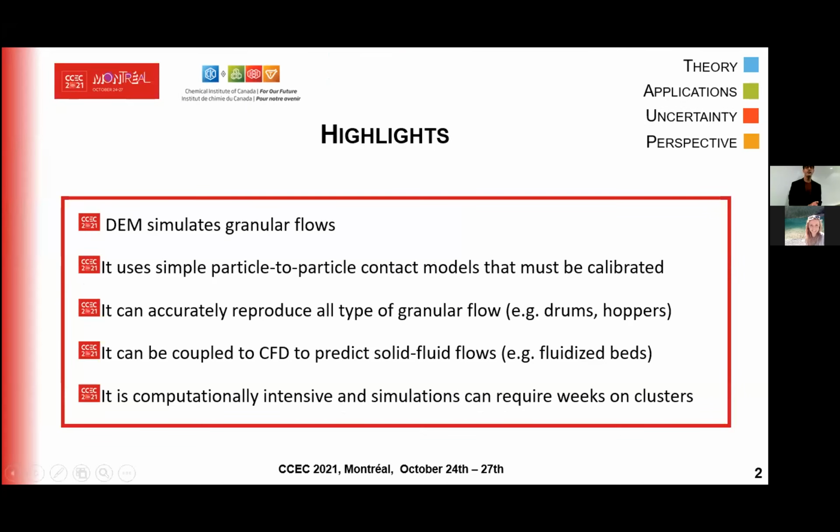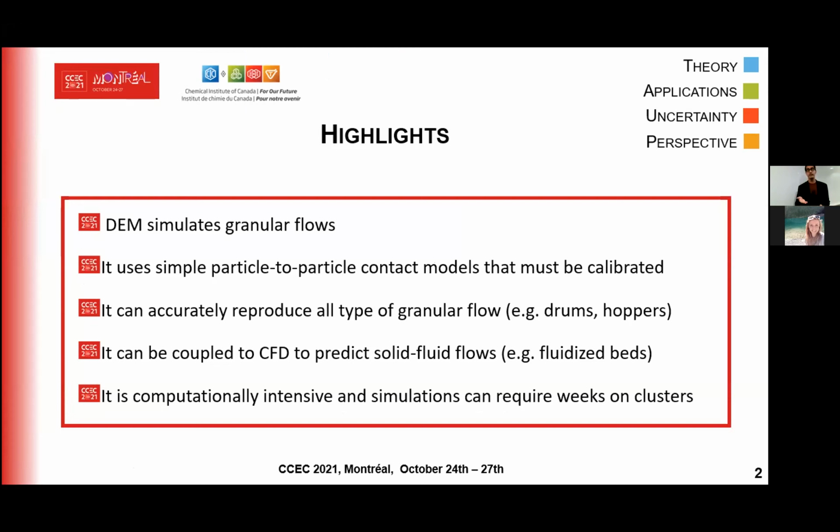So DEM simulates granular flow. It uses simple particle-to-particle contact models that must be calibrated, and it can accurately reproduce all types of granular flows. So we're going to be using DEM to simulate the flows of powder in drums, in hoppers, and in other unit operations. It can also be coupled to computational fluid dynamics to predict what we call solid-fluid flow.